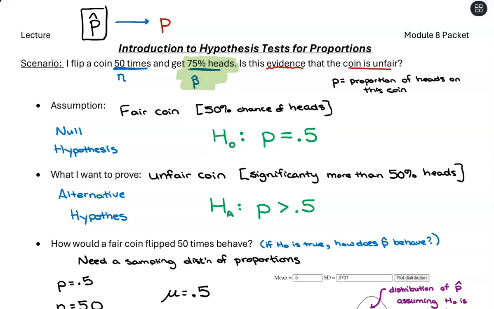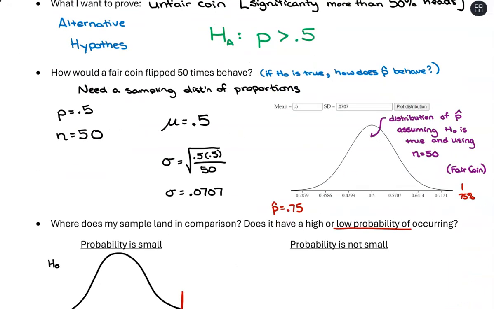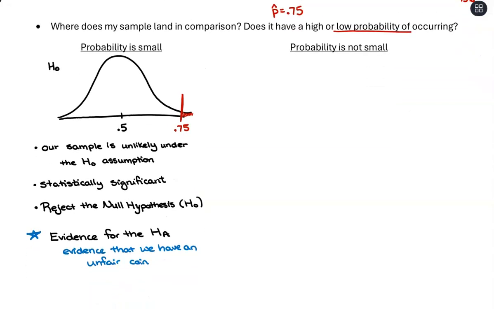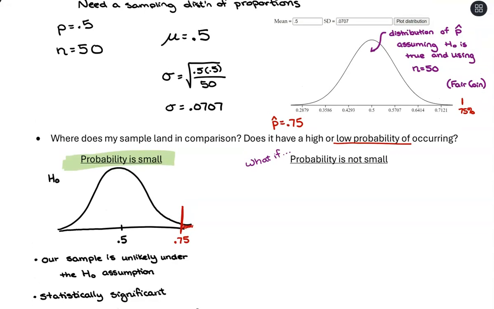Let's talk about if we saw something a little bit different. So we saw this is the true case that's coming through in this scenario. The probability is small. But what if that wasn't the case? Or what if we were testing that we had a sample proportion of 0.62, something like that? So what if we go to our distribution that's built under that null hypothesis?